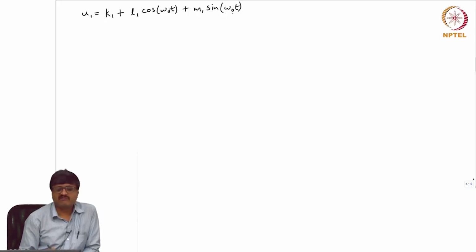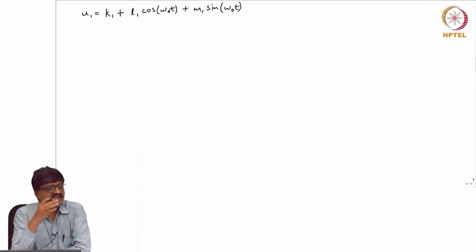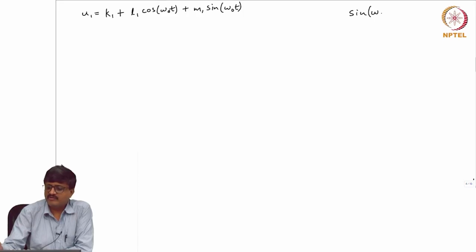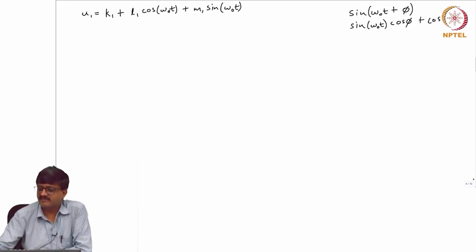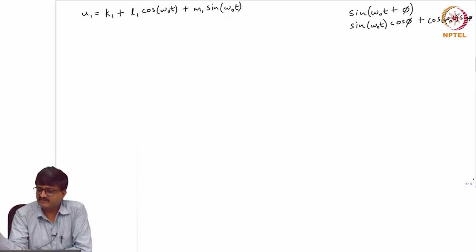In general, many times you come across these expressions in terms of EA, EB, EC. So, you have sin omega ot plus some angle, 150, 90, 150, 30, minus 90. In general this can be written as sin omega ot cos phi plus cos omega ot sin phi, where cos phi and sin phi are constant because phi is a constant, but the other factors sin omega ot, cos omega ot are functions of time.